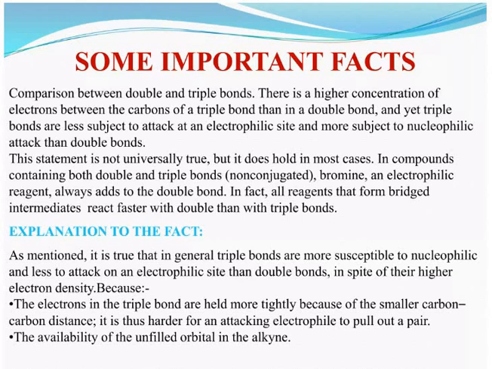It is thus harder for an attacking electrophile to pull out a pair. Another factor is the availability of the unfilled orbital in the alkyne. So these are very important facts regarding double bond and triple bond. So you have to look at the reaction site.